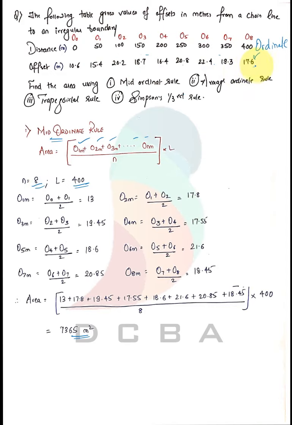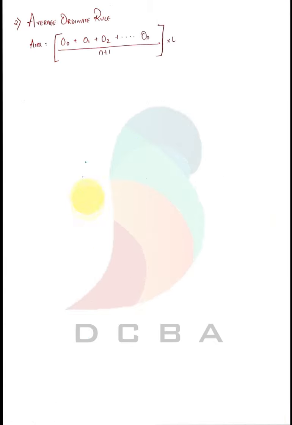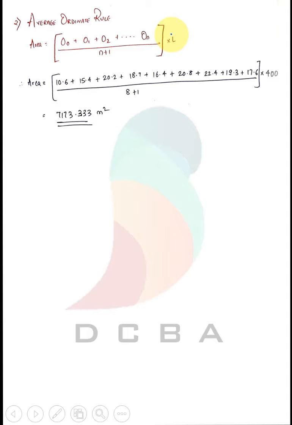Our n is 8 and ordinates are n plus 1, right? So the average is the summation of these divided by n plus 1. The rule says take the average of all the ordinates and multiply it by the total length. So area is equal to all these ordinates divided by 8 plus 1, into 400. This is the area that you get by the average ordinate rule.